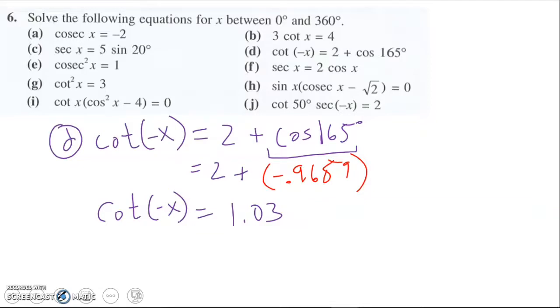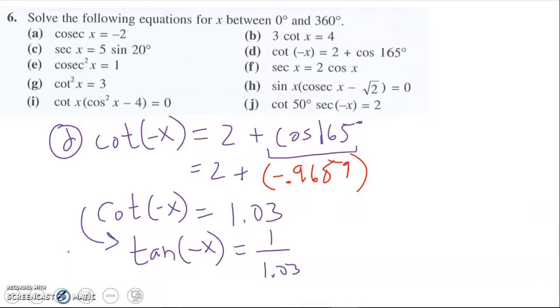So I know cotangent of negative x is equal to 1.03. Now, let's put this in terms of tan. That would be tangent of negative x is equal to 1 over 1.03. Okay? So, a couple things here. You gotta ask yourself, okay, so let's go ahead and find the angle associated with this.